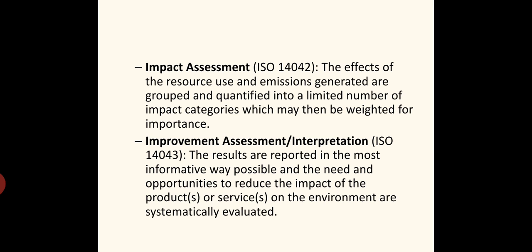Okay, so that is what is done in the impact assessment. So if carbon dioxide is produced by a particular product, that will have this much impact on the atmosphere. If chlorofluorocarbons are produced, that means that will be affecting the ozone layer. So out of these two, which one has the most priority, that is to be reduced first. That is what is done by impact assessment.